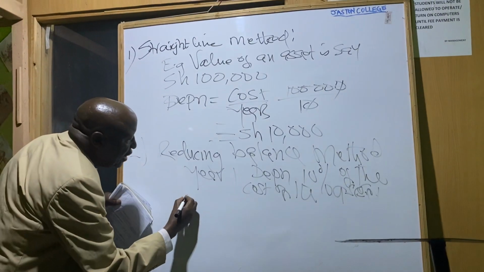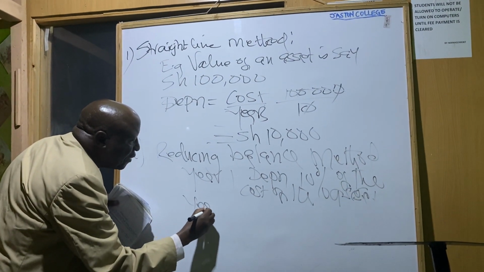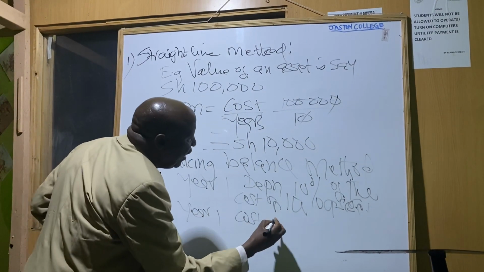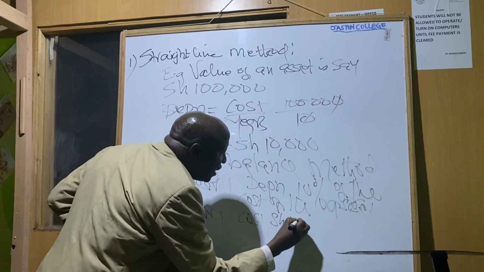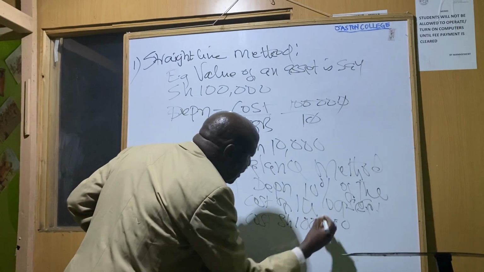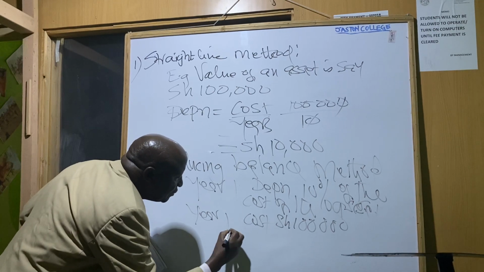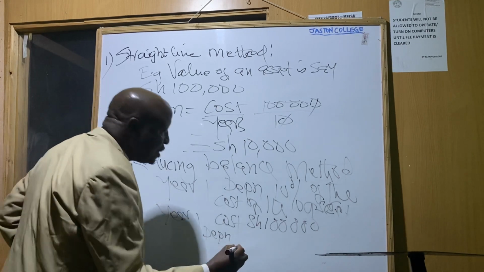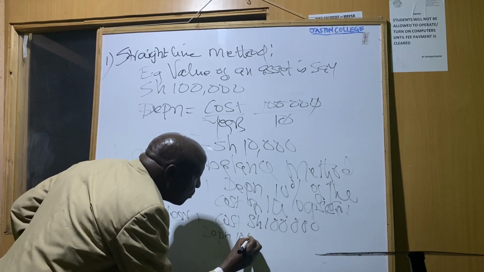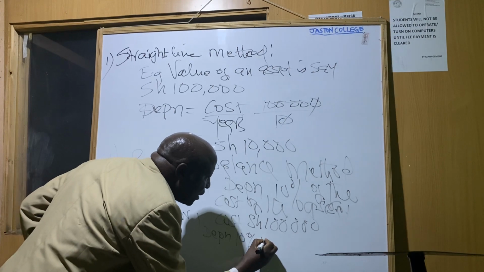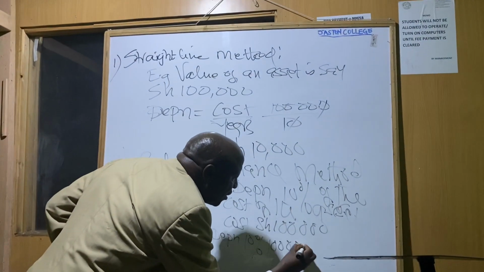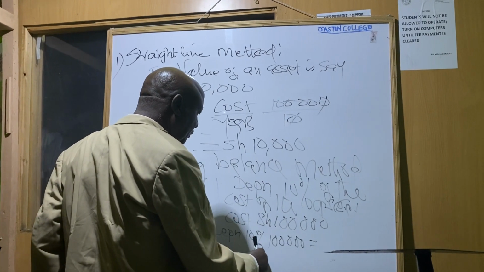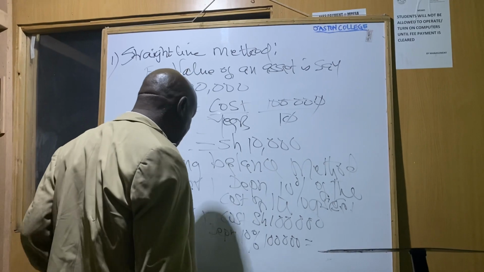So we say year one cost is 100,000, and then depreciation we will say 10% of 100,000.